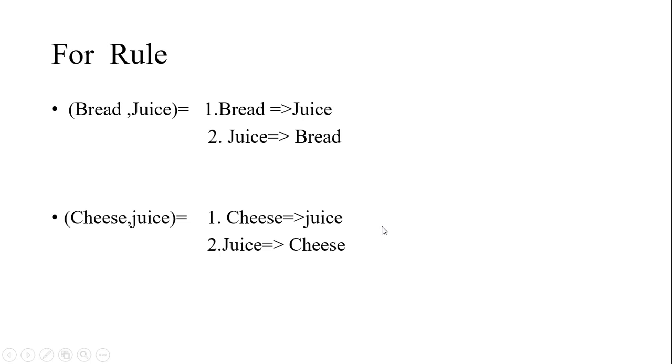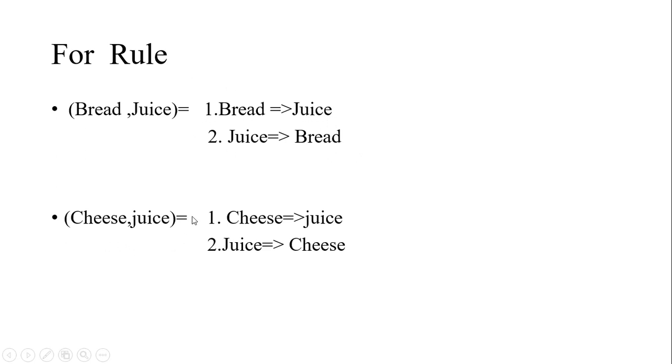We have to generate the rules that are given in the question. Okay, so we are generating the rule for bread and juice. So I am comparing with the two. The customer can buy the bread first and later buy the juice also. Otherwise the customer buys the juice first, and buys the bread after that. Okay, this is for the first rule and this one is for the second rule.